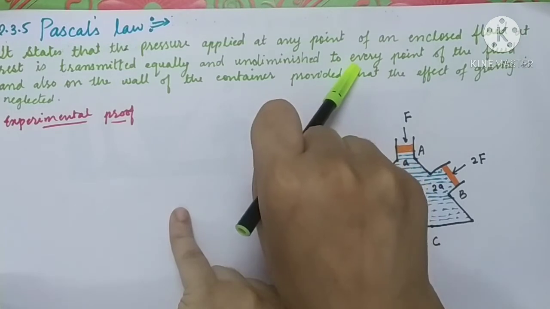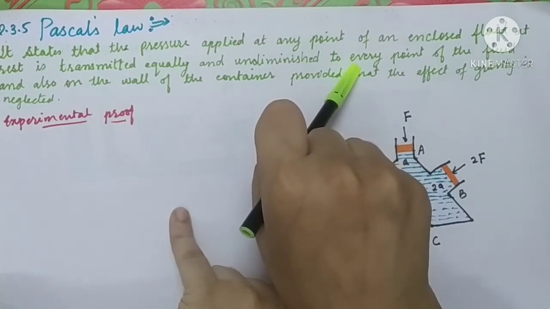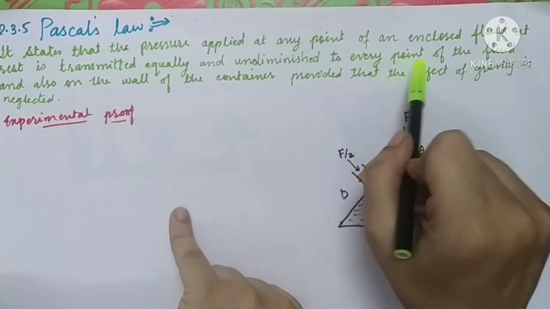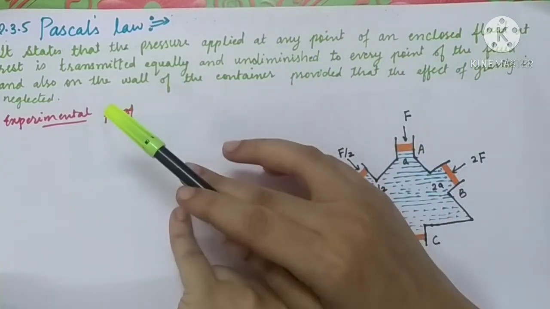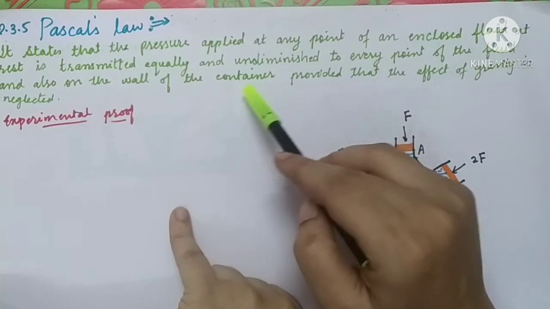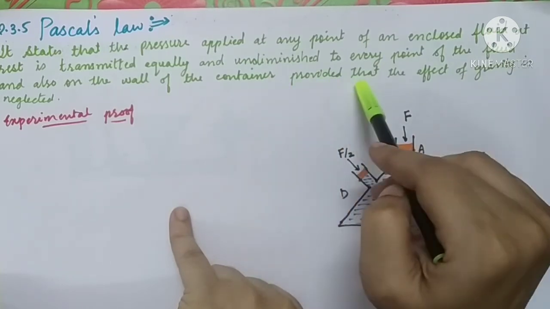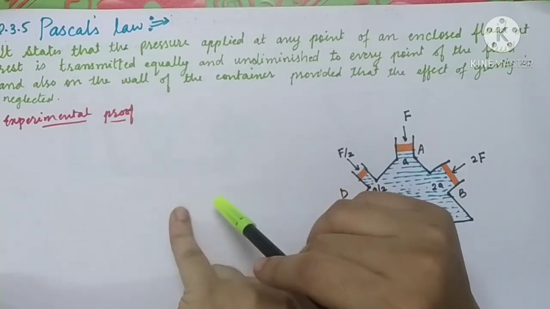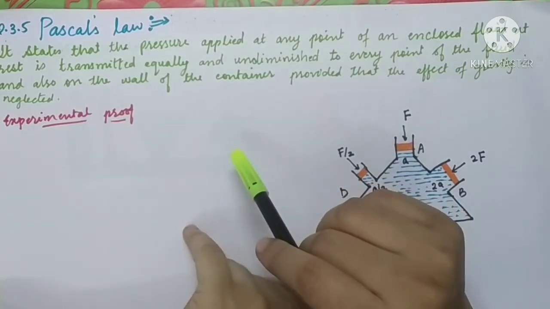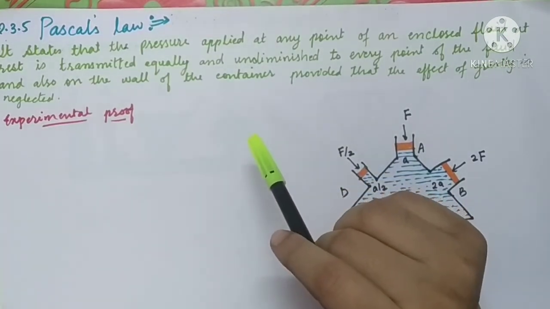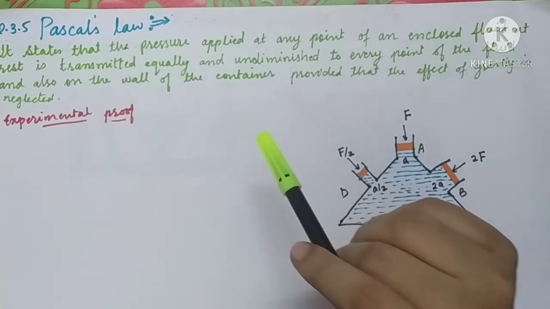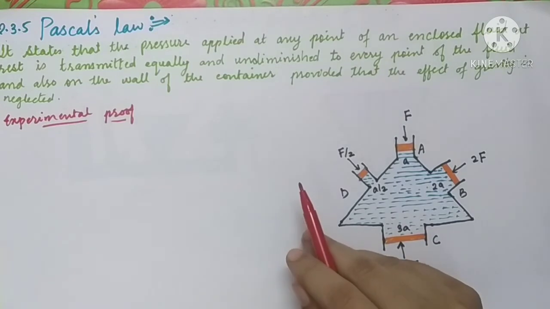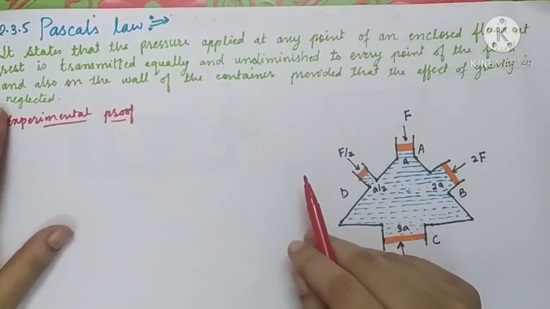It means each and every point of the liquid will have the same pressure, undiminished, to every point of the fluid and also on the wall of the container, provided that the effect of gravity is neglected. Here we have to avoid the effect of gravity. We don't have to consider the force of gravity because the pressure we are applying is very large.